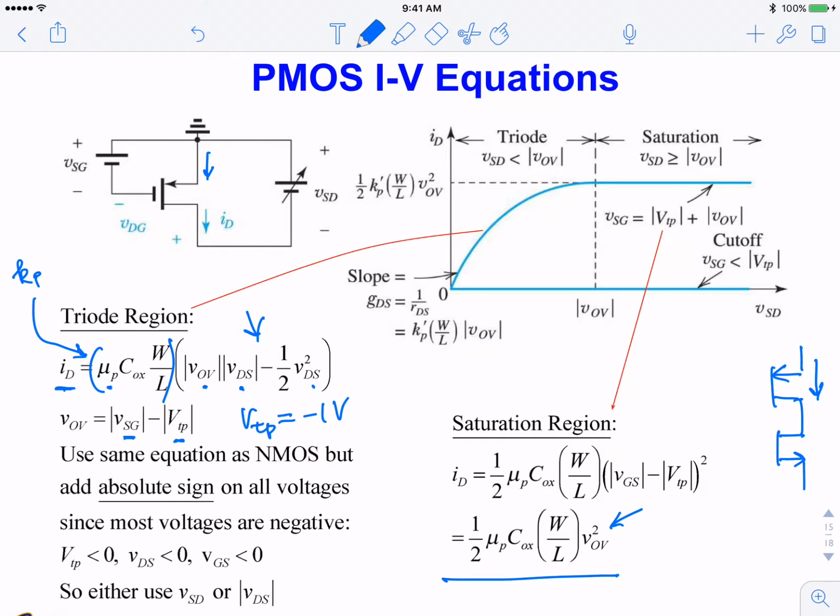So to have them roughly the same overdrive voltage, you match their mobility by size. You match the product of mobility and size, then their overdrive voltages are about symmetric. That makes your circuit easier.